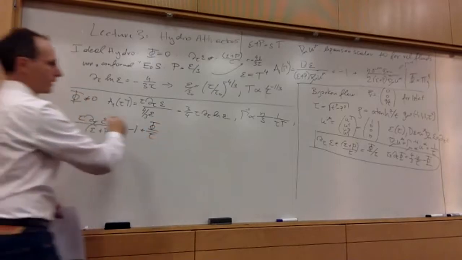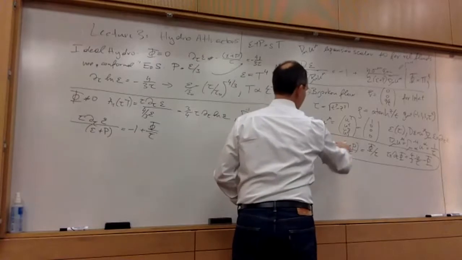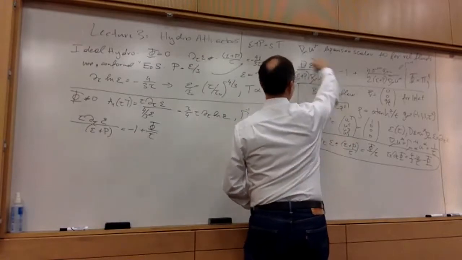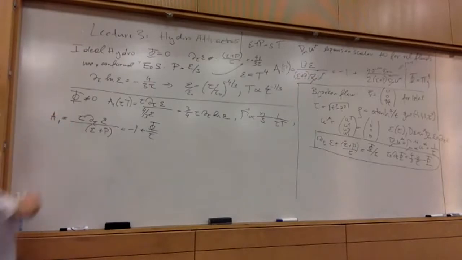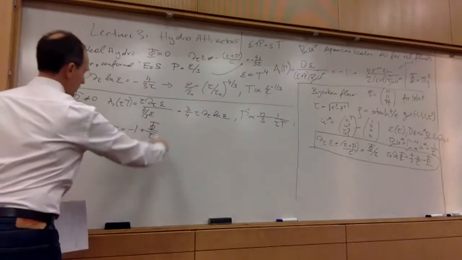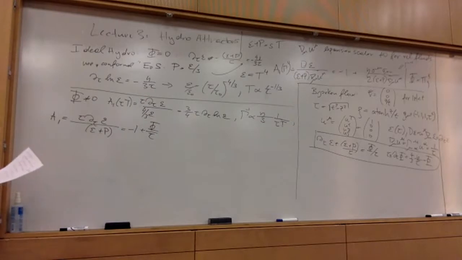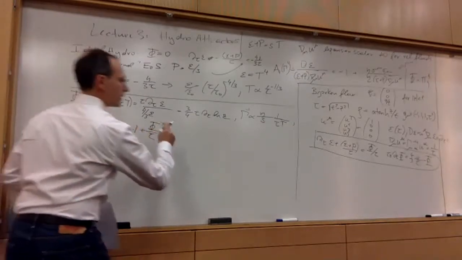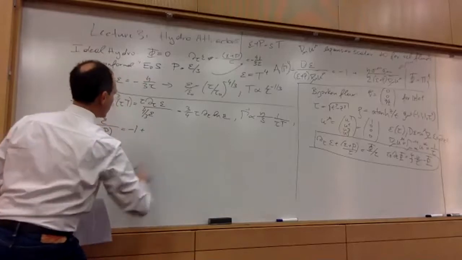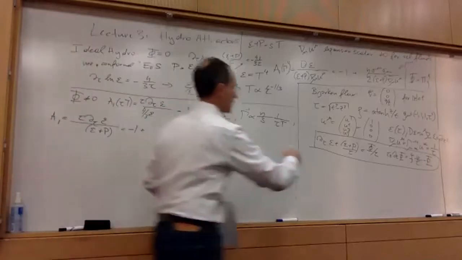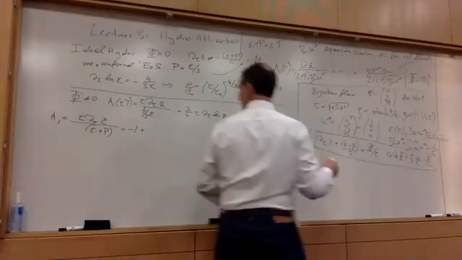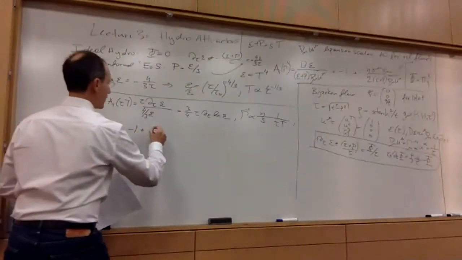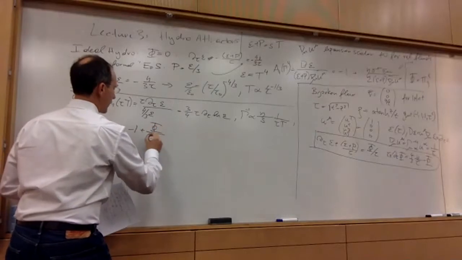But this division of this over that is just how I defined A1 in the first place. So this is nothing else but A1. So then A1 is -1 plus phi over tau, divided by epsilon plus p. So I divide this whole equation by this argument here. The tau drops out, and I get phi divided by epsilon.